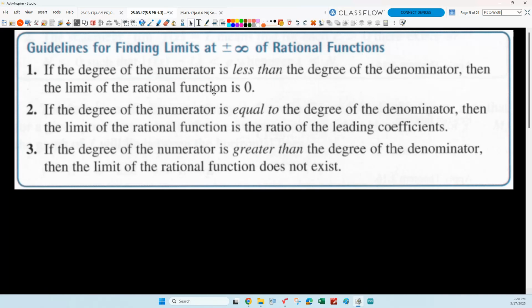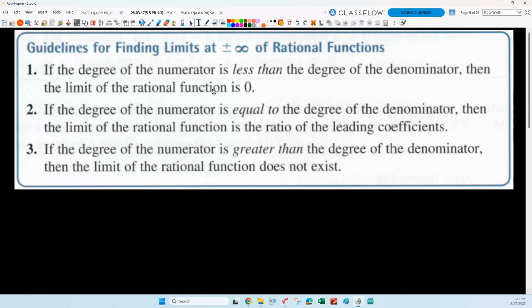Okay, quick reminder. If you're dealing with limits of rational functions at the infinities, remember what our rule was. If the numerator is a smaller degree polynomial than the denominator, then the limit at infinity is going to be 0, and you get a horizontal asymptote at y equals 0. If the degree of the numerator is equal to the degree of the denominator, then y equals the ratio of the leading coefficients. That's your horizontal asymptote. If the numerator is greater than the denominator, there is no horizontal asymptote.